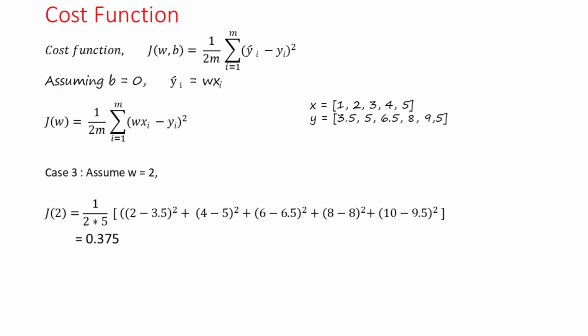We get 0.375. Look at that. Errors are shrinking. J of 2 is feeling optimistic.